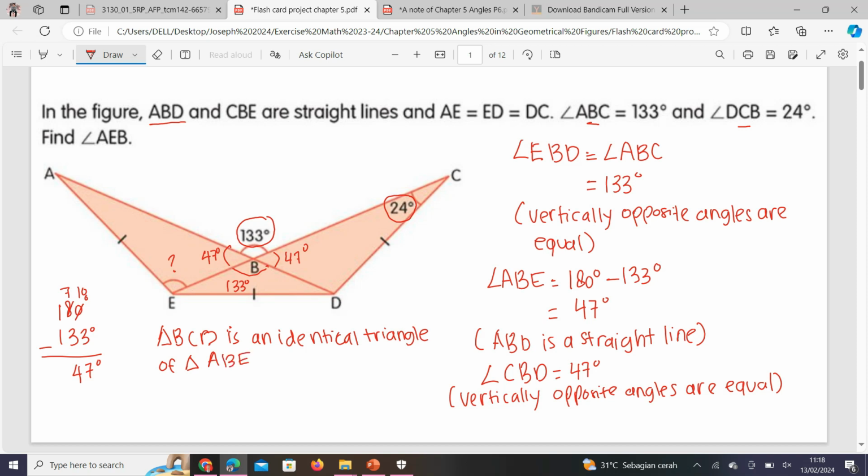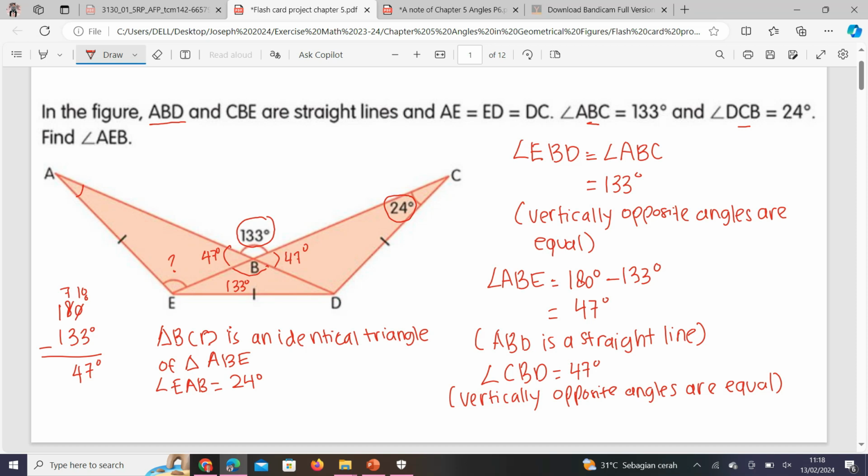Meaning, because of this statement, as you know, the angle of EAB equals 24 degrees, right? Then the last step is to find the angle of AEB.